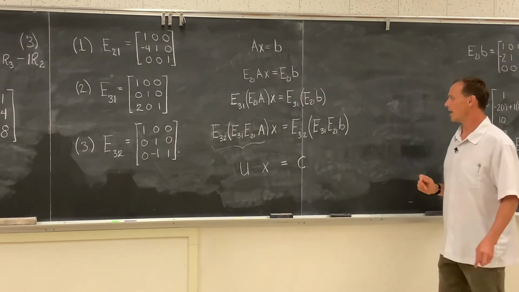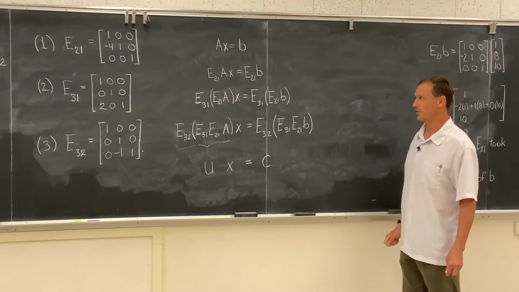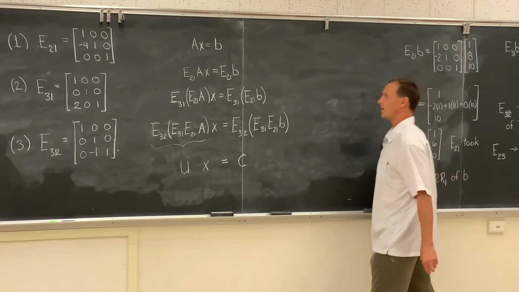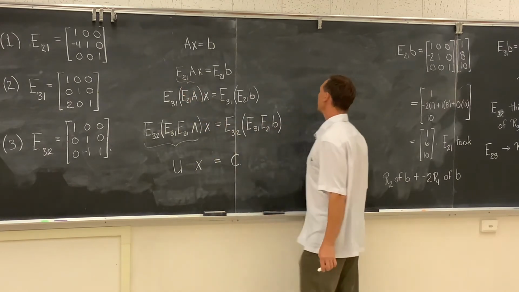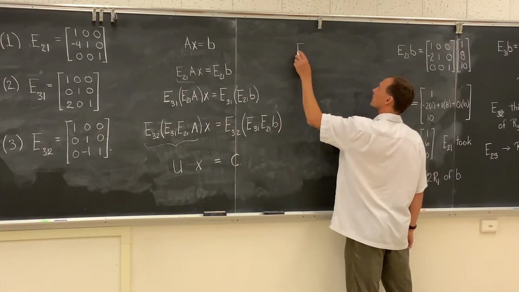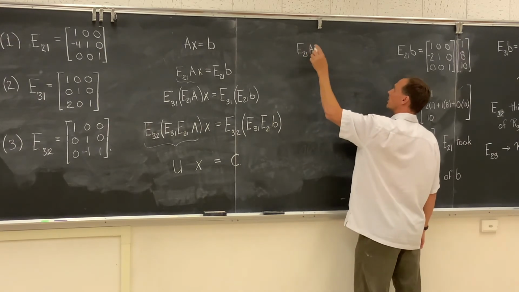So, I think you'll see, you may even know before I tell you, you'll see it happening. Let's try this first piece of multiplication. E2,1, E2,1A. So let's just write these down.